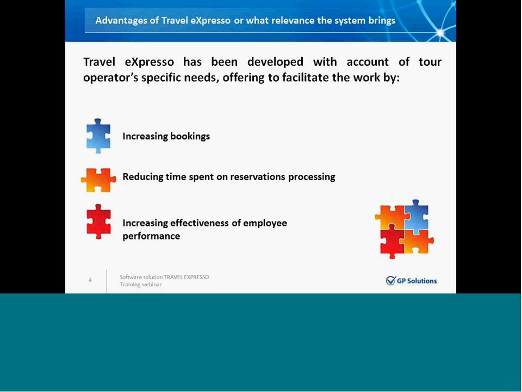Due to online capabilities, you do not need to pay attention to every reservation, but you will just solve complex cases, while the rest, your clients will be able to book with self-booking capabilities. And the last benefit is increasing effectiveness of your employees.